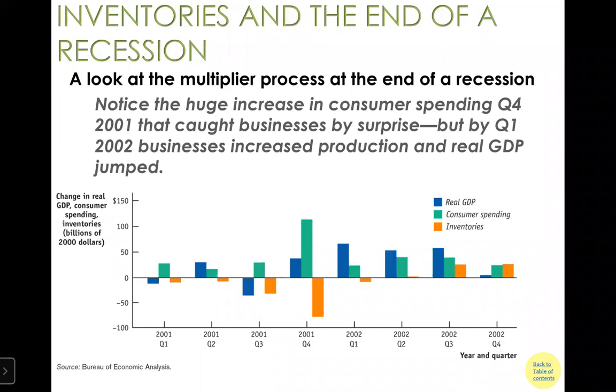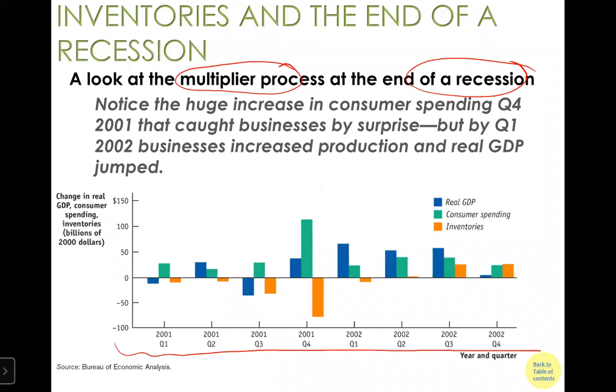And we can look at the multiplier, particularly the multiplier at the end of a recession, right? This is one episode of a recession. We are going to look at three things: real GDP, consumer spending, and inventory. Real GDP, look at it here, starts to decline and then picks up, right?